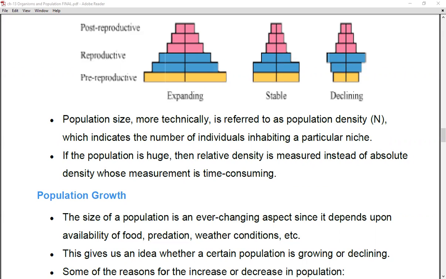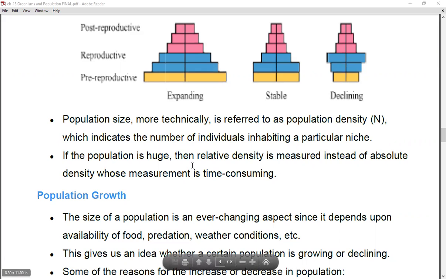So population density indicates the number of people living in a particular area, and it is denoted by capital N.